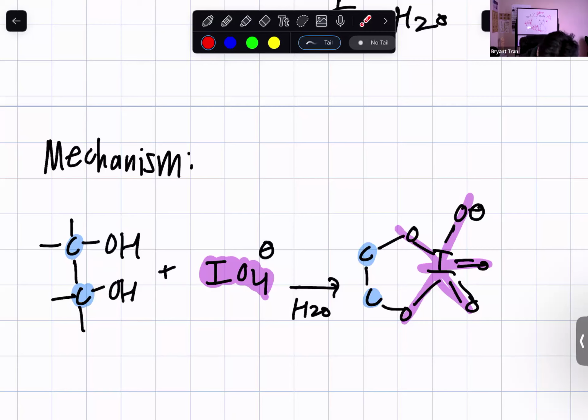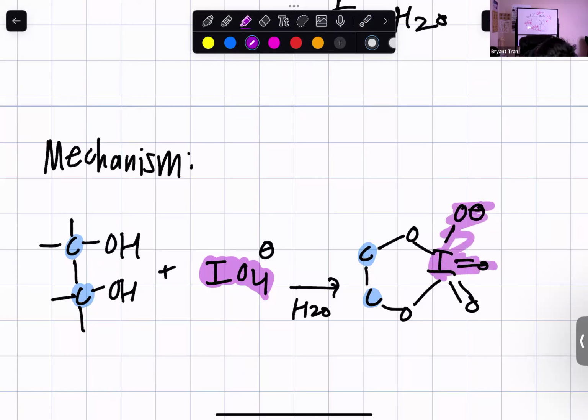Okay, so one oxygen of the IO4 is gonna get kicked out somewhere in the mechanism, because that purple IO4 is gonna be this part of the intermediate right here, right? Where one oxygen is gonna get kicked out as a leaving group, because these oxygens of the alcohol right here in yellow are gonna be these oxygens right here in yellow.